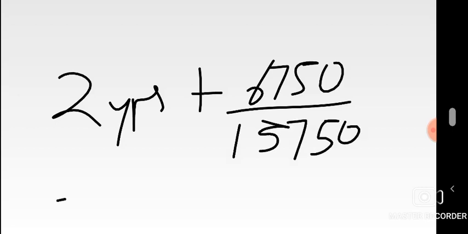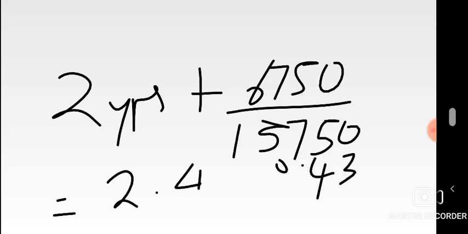Therefore you would find that you get 2 point, and the fraction is somewhat 0.43 rounded off. Therefore it gives you this answer as the payback: 2.43 years.